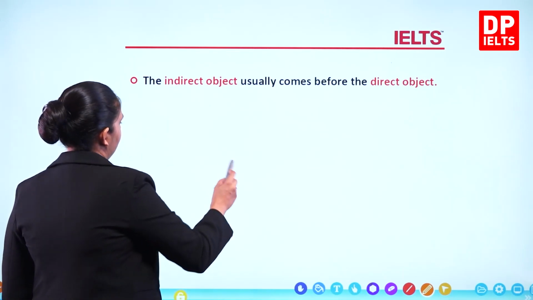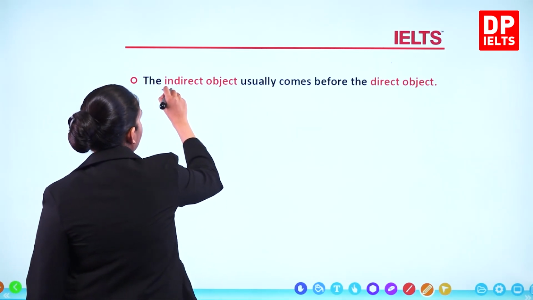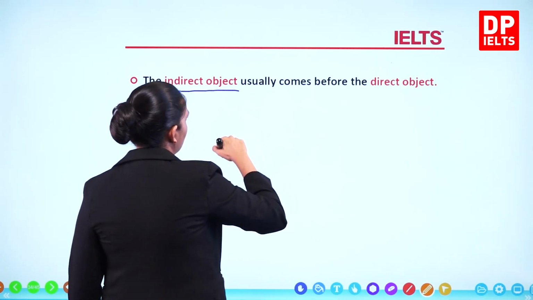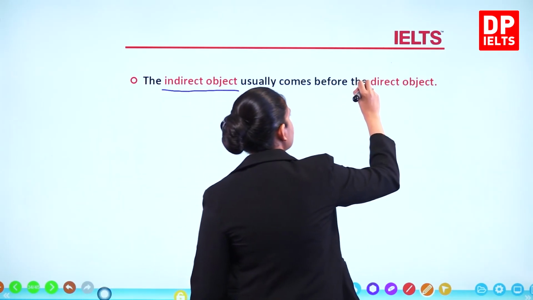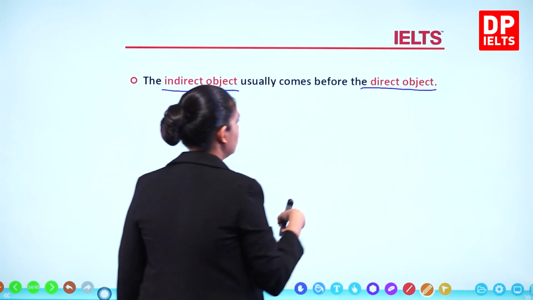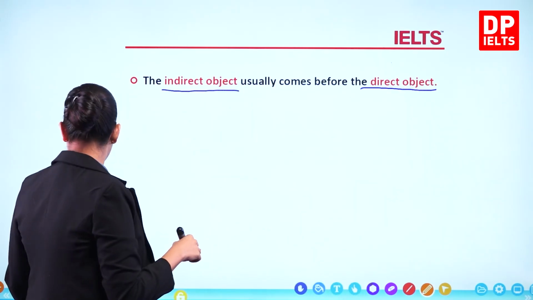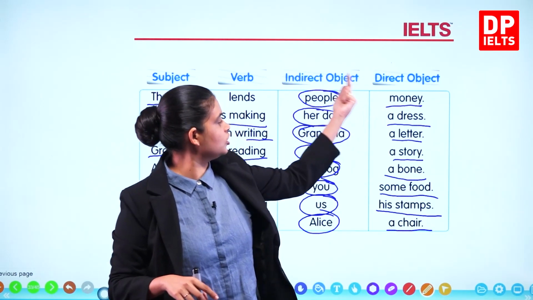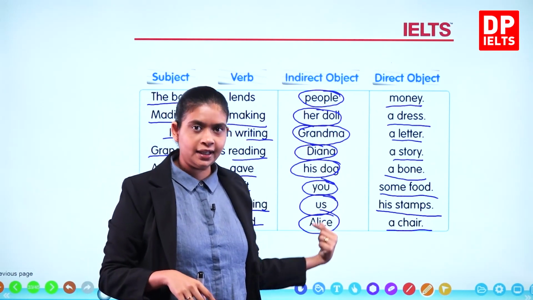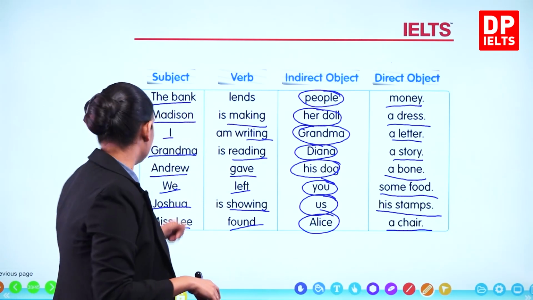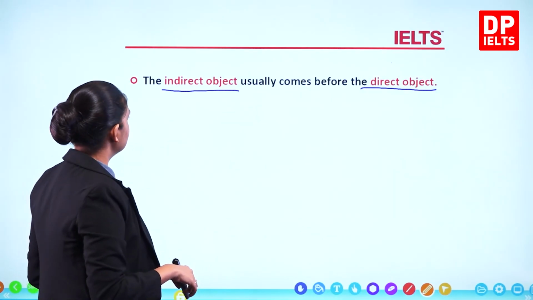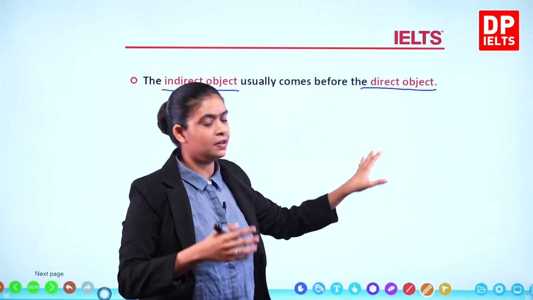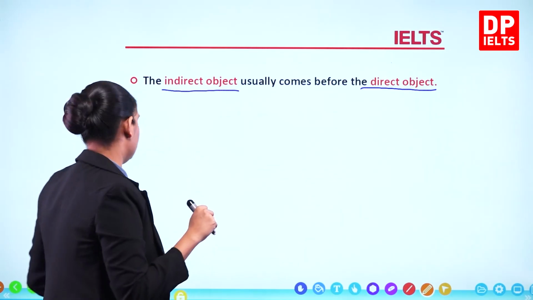Remember, the indirect object usually comes before the direct object. That means the indirect object, the to whom, comes before the direct object. So if you have a look at it, the indirect object usually comes before the direct object.